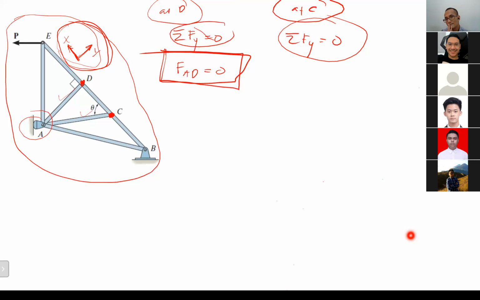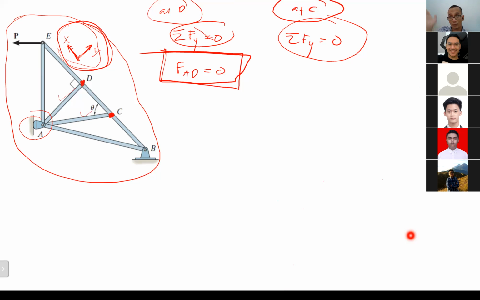There are none actually, if I can see from here. AC has a Y component, of course, right? I'm talking about a Y component, not direct in the Y direction.